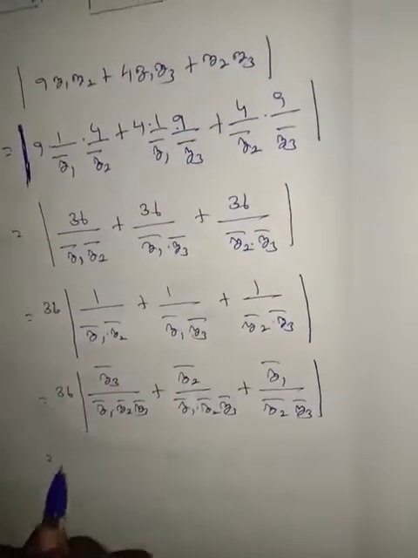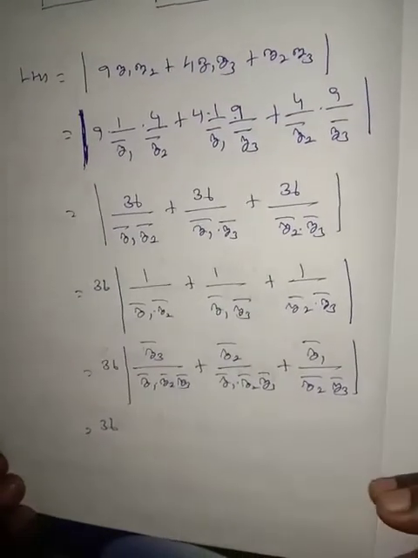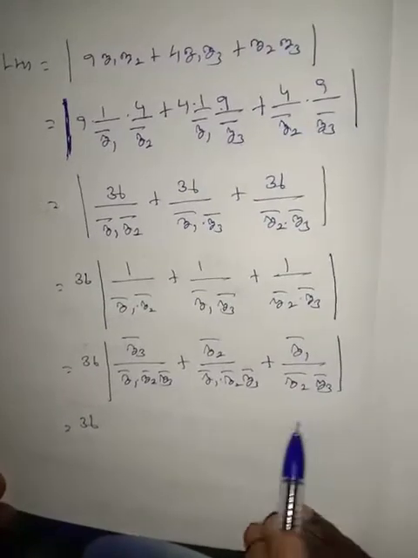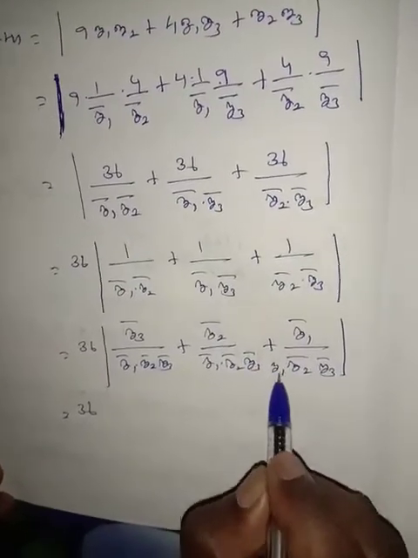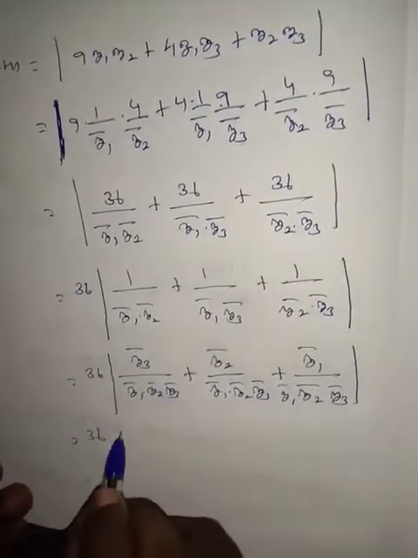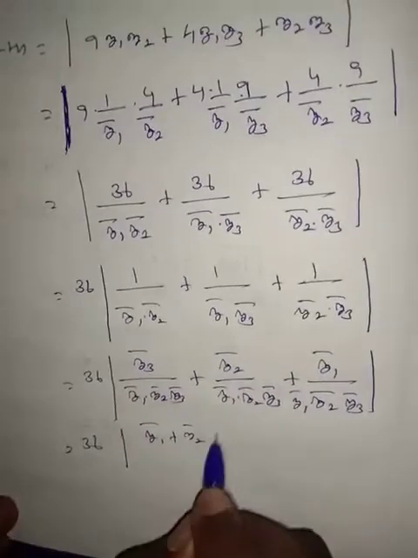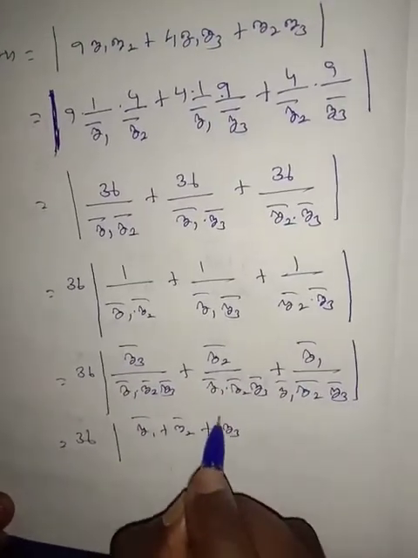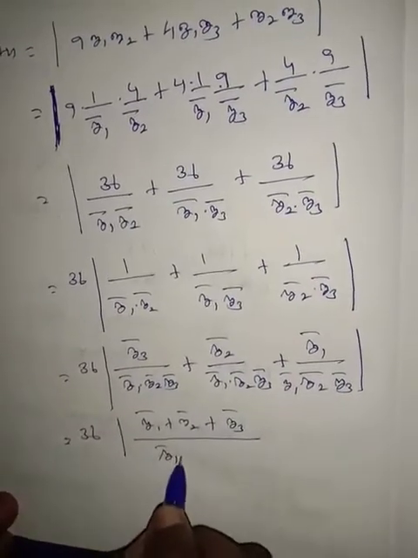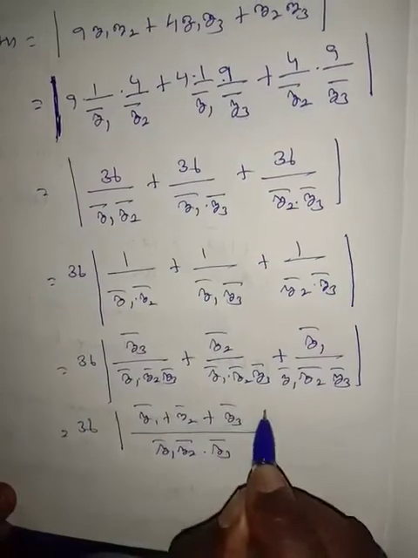Now we have the same denominator, therefore the numerator is Z1 bar plus Z2 bar plus Z3 bar, divided by the denominator Z1 bar times Z2 bar times Z3 bar.